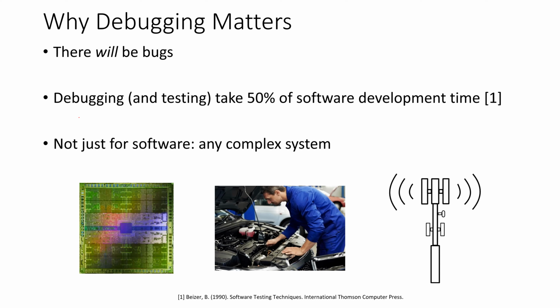There are studies that say debugging and testing take 50% or more of development time. So it's not a minor activity, it's a big activity. And it isn't just for software. For any complicated system, you have to debug it. You have to debug hardware, you have to debug circuit boards, you have to debug your car. There are complicated debugging problems for cell phone networks.